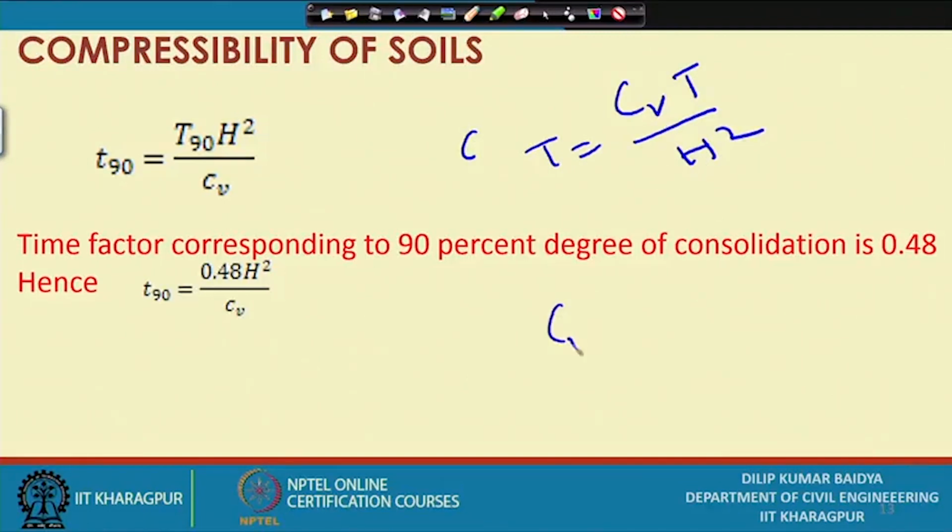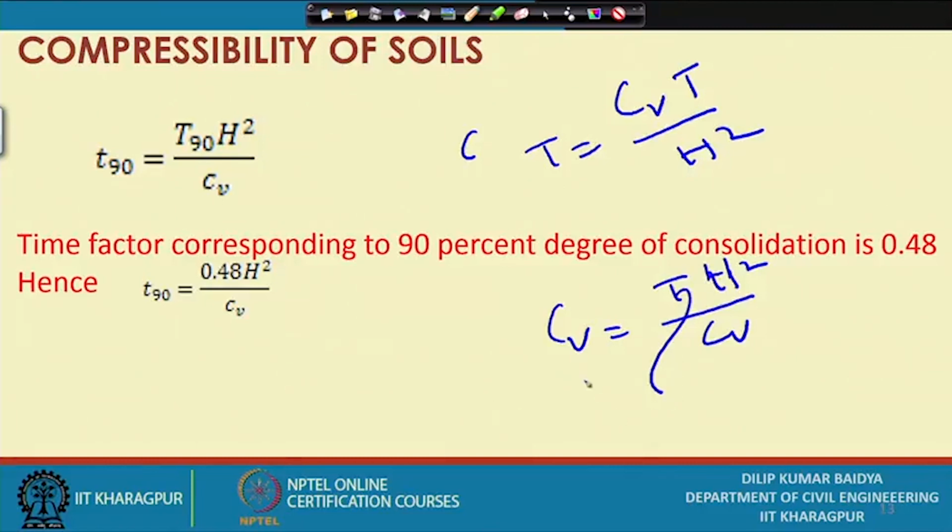So, if I want to find out CV, it is T H square by t.